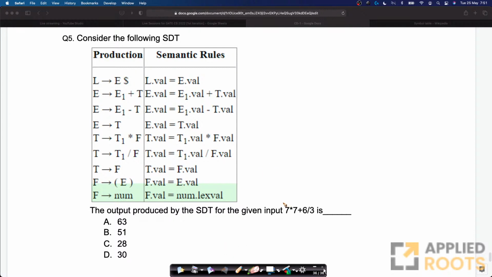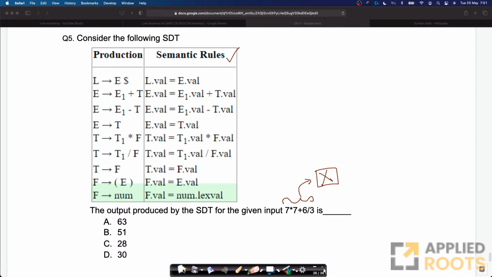I know that some students will just evaluate this expression and write the answer. Please don't do that. Please build the syntax tree and apply the semantic rules. Please don't just evaluate this numerical expression, because the semantic rules may not be what you know in classical mathematics.